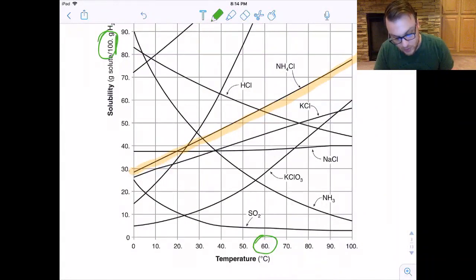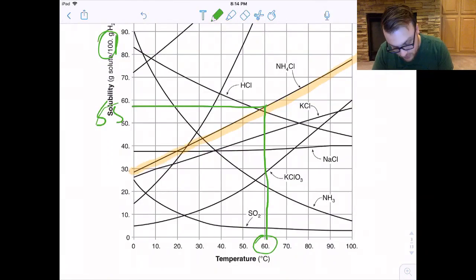All of these substances are being dissolved in 100 grams of water. For a saturated solution, you go all the way up until you hit the line and then see how many grams you can dissolve. I would approximate about 58. So for NH4Cl, you can dissolve up to 58 grams.